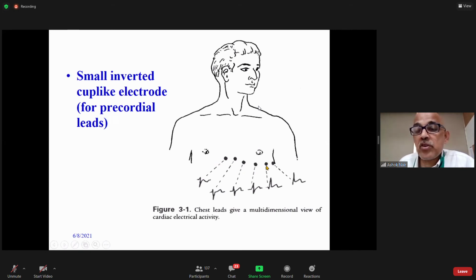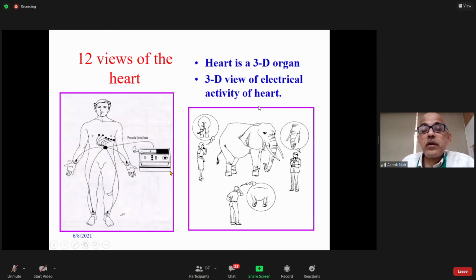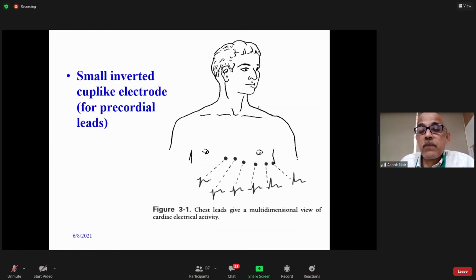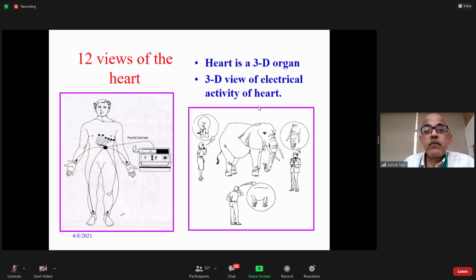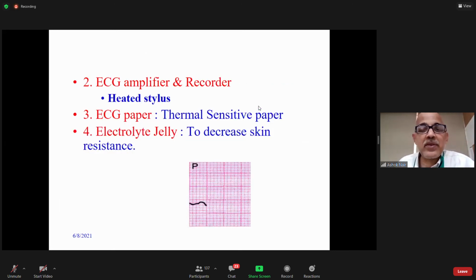Let's say they are V1, V2, V3, V4, V5, V6. I'll tell you their locations later on. I'll come to this slide later. Just leave it.